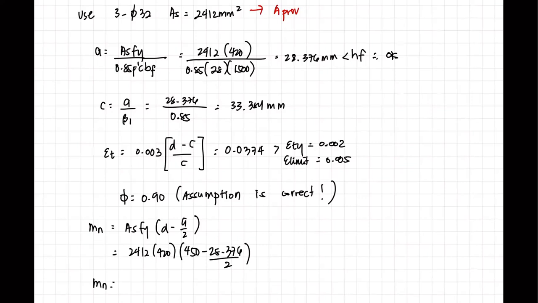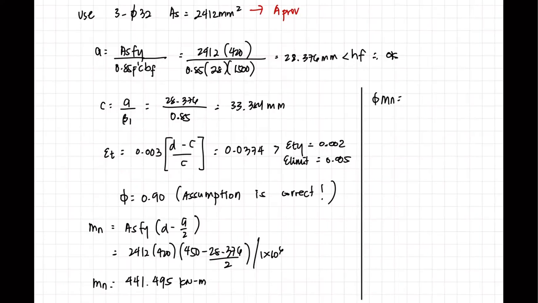So we have divide natin by 1 million to make it kilonewton meter unit. We have 441.9495 kilonewton meter. Okay? So ang kailangan natin is phi Mn. So 0.9 of our Mn. So that is times 0.9. We have 397.345 kilonewton meter. Okay? So, yan yung capacity ng provided reinforcement natin.